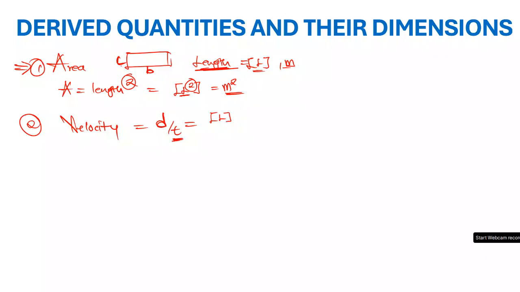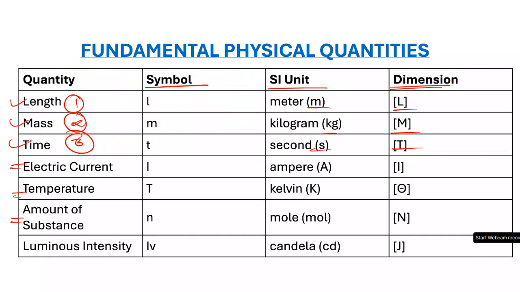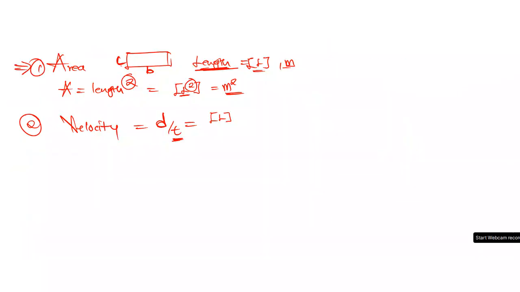If you go back, you will see that the dimension for time is just capital letter T in square brackets. So we say over T. This is the dimension for velocity, L over T.